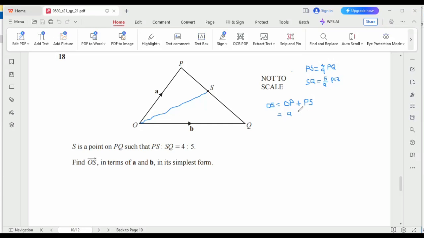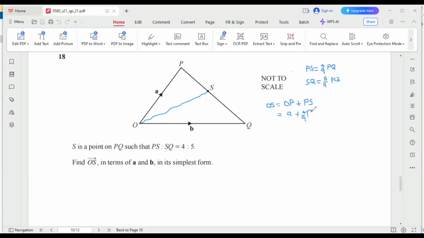So OS is A plus 4 over 9 of PQ. But we don't know what PQ is, so that is where the problem lies. Without PQ, we can't express it in terms of A and B.